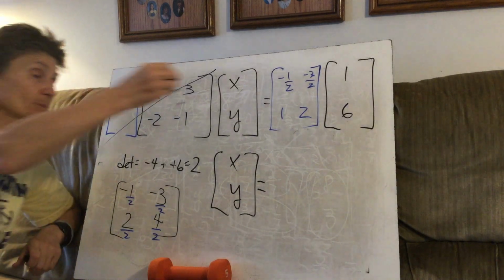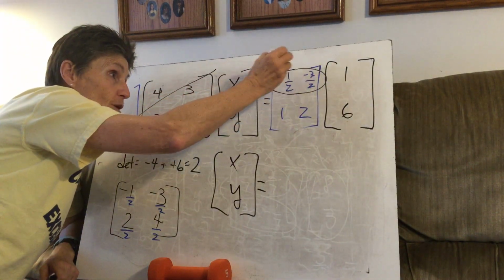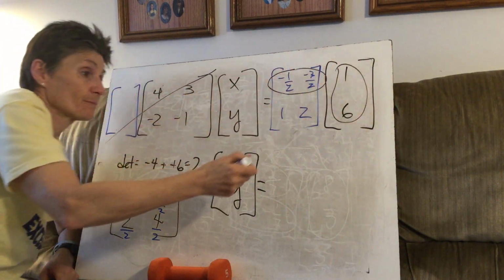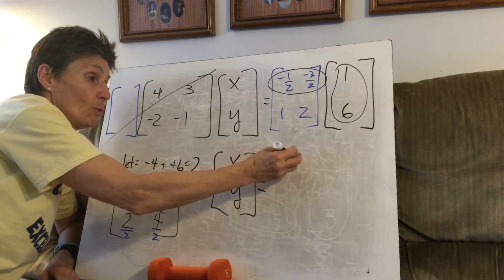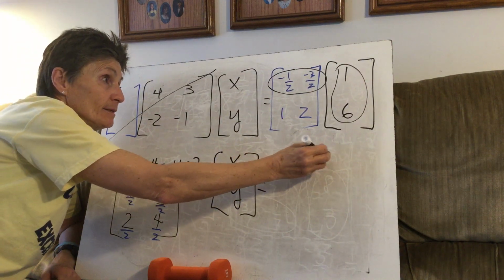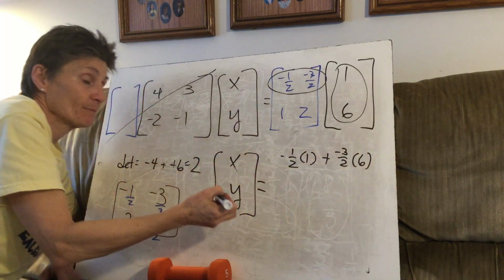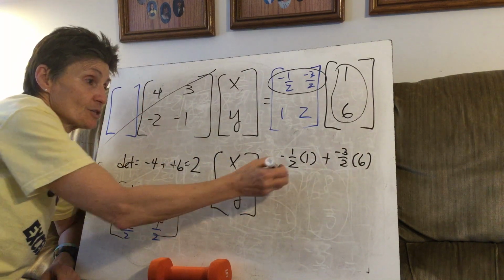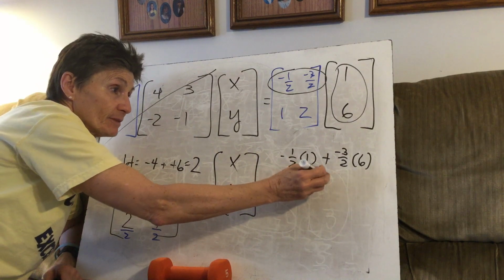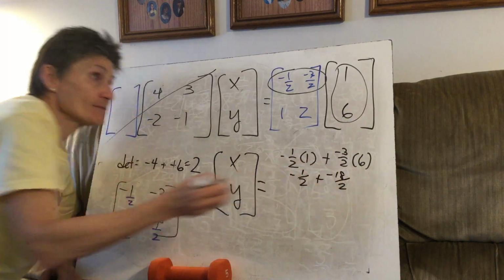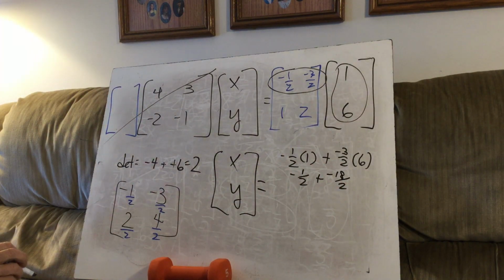Now remember, when you multiply, it's first row times first column. So negative 1/2 times 1 and negative 3/2 times 6. So that's negative 1/2 and negative 18/2. What is that?